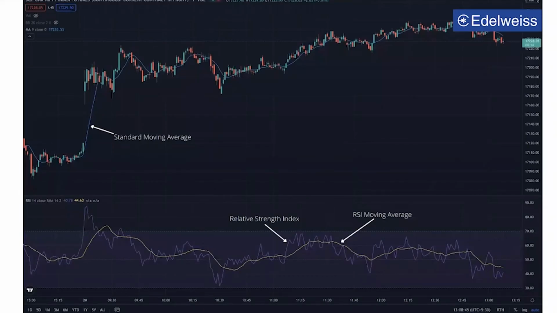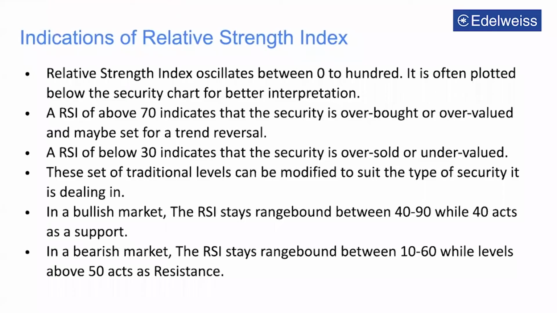There was a big bump seen in RSI because there was a huge gap up opening. Plotting it below the asset's chart makes it much simpler to understand. That is the only reason why RSI is plotted below the security's chart.